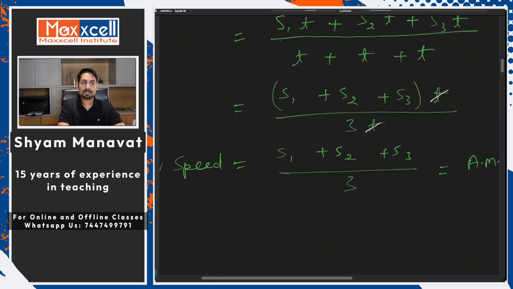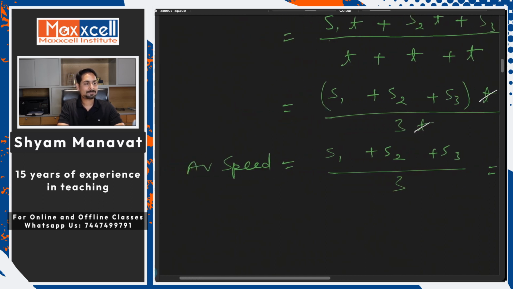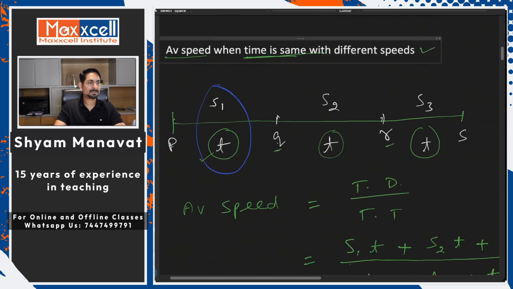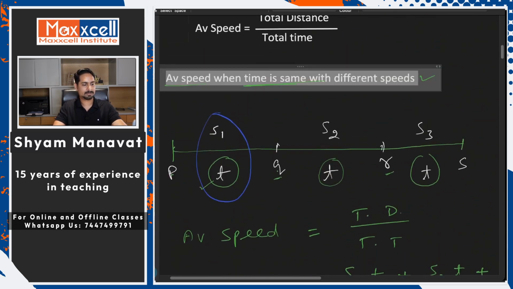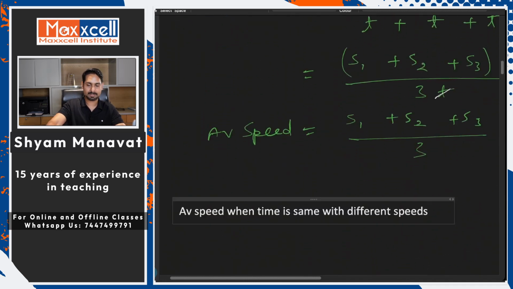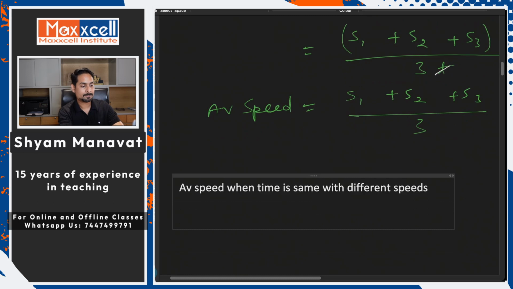So this is also called arithmetic mean, right? Keep in mind that if the time is the same with different speeds, the average speed can also be calculated, apart from the root formula of average speed, which is total distance by total time.